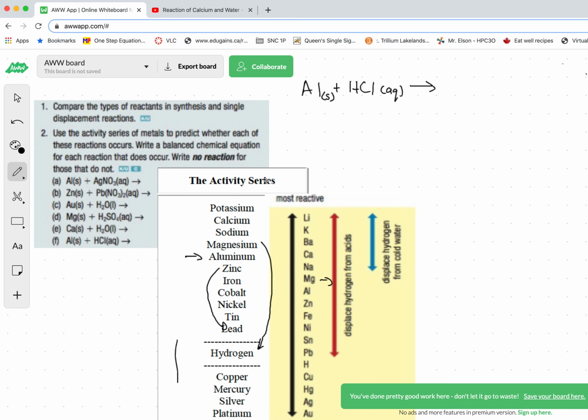And then, of course, aluminum's up here and hydrogen's down here. So it's very similar where it's going to become aluminum chloride and hydrogen gas as the solution in water.